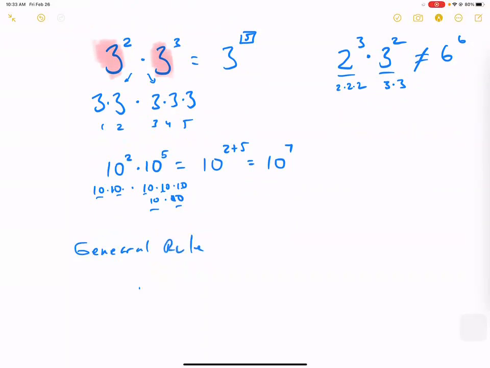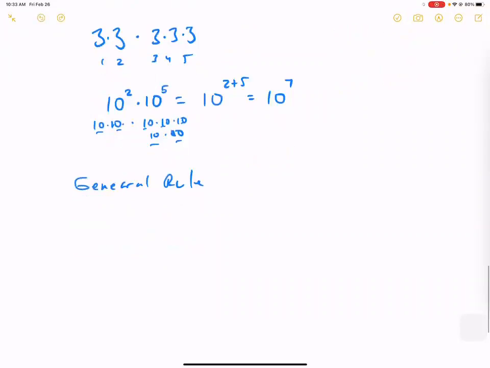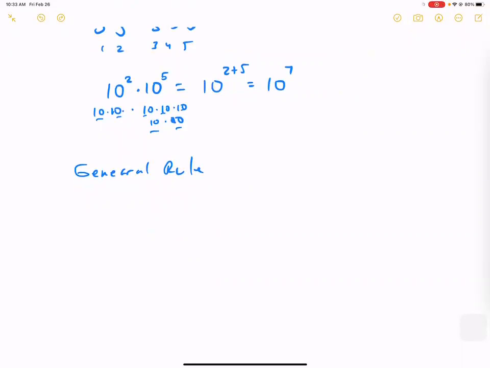is, if I say x, let's use a letter, that's fine, x to the a times x to the b, if they both have the same base, that means we add the exponents: x to the a plus b.